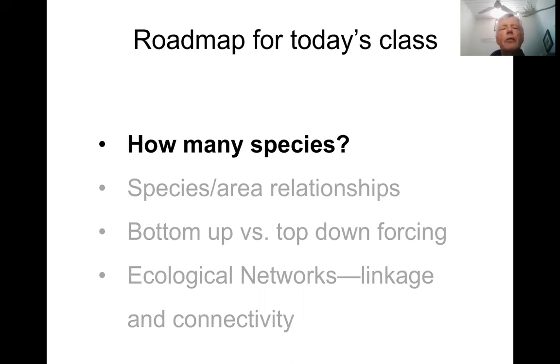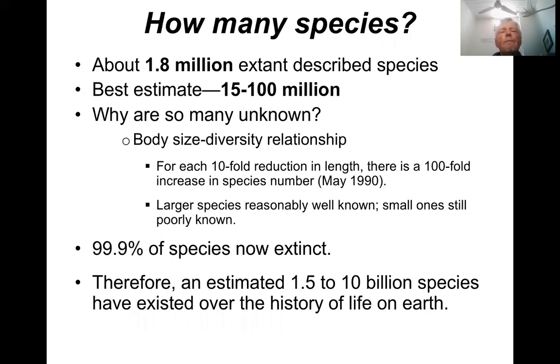How many species? Well, the current estimate, or at least a couple of years ago when I last looked into this, was about 1.8 million extant described species on Earth. Maybe a little more than that now, but that's fairly close. How many are there? This is the number that have been described. How many are there? Nobody knows.